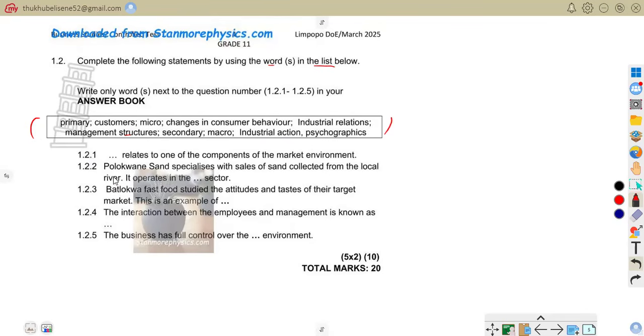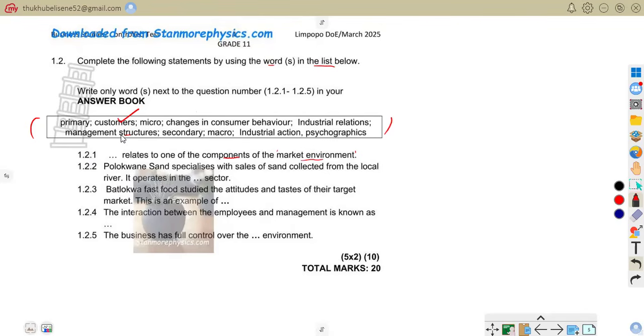So now let us quickly come to the questions. Dash relates to one of the components of the market environment. So now we go through all this and see the components of the market environment. We can see that one component of the market environment is the customers.